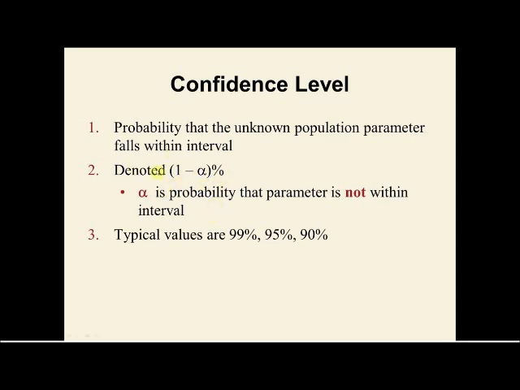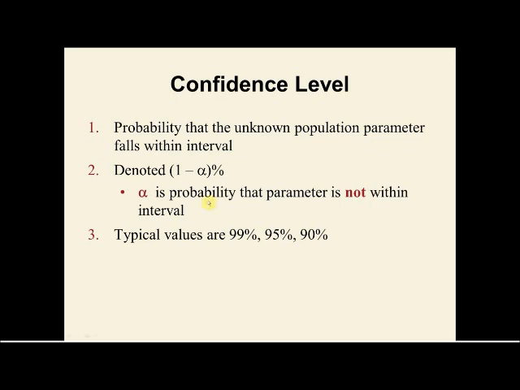It's kind of curious that we say 1 minus alpha percent, because alpha is what we call the level of significance. Alpha is the probability that the parameter is not within the interval. So in the case we were talking about before, we said with 95% confidence, the population mean lies between 50 and 70.